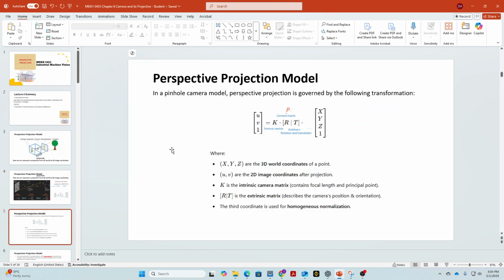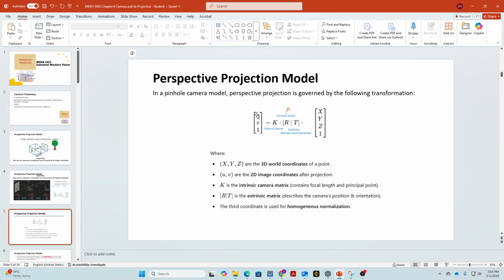Okay, let's look at the formula again. In a pinhole camera model, the perspective projection is governed by the following transformation. That's why last time we learned about the transformations of the image; we are going to use more matrix calculations. Again, this is the same formula just now.